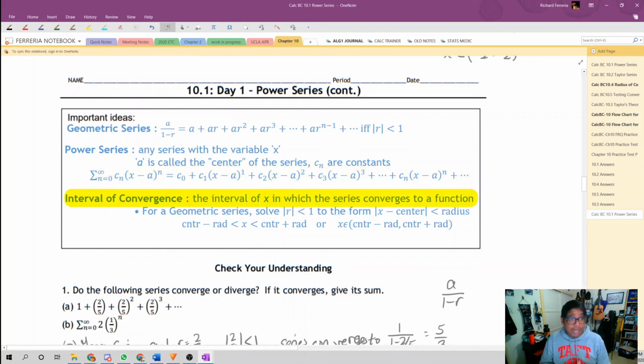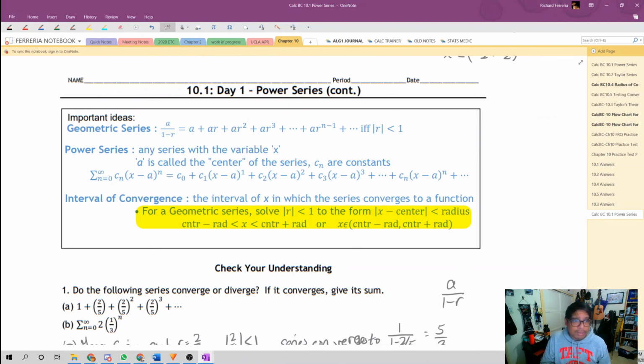Which brings us to the interval of convergence, which is a major part of this chapter. The interval of convergence is an interval of x, where as long as you let the value of x be in that interval, the series is going to converge to whatever the sum is or whatever function you say it converges to. For a geometric series in particular, there are some definite rules about convergence. The absolute value of r has to be less than 1.